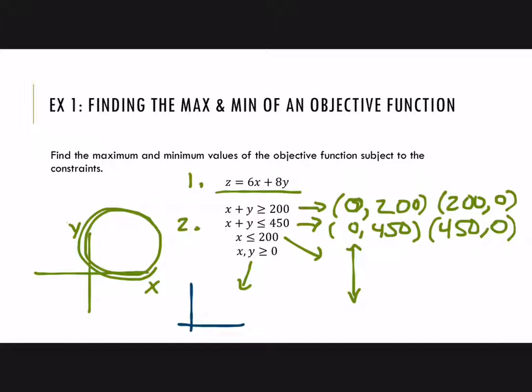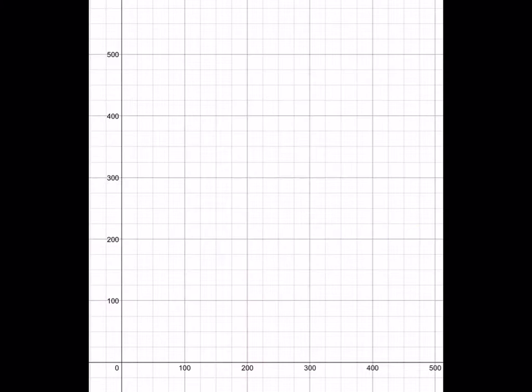Alright, so let's make a graph of these inequalities. The first one, x plus y is greater than or equal to 200. I'm going to plot the intercepts. Here I've chosen a graph that goes by 25s. I plot those points and then connect with a line. This keeps going, but that's good enough.